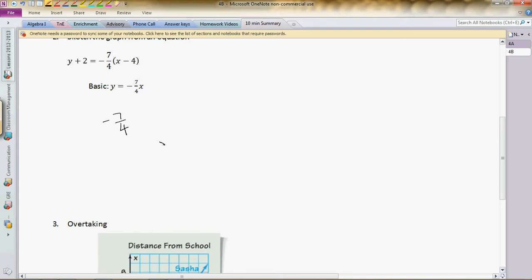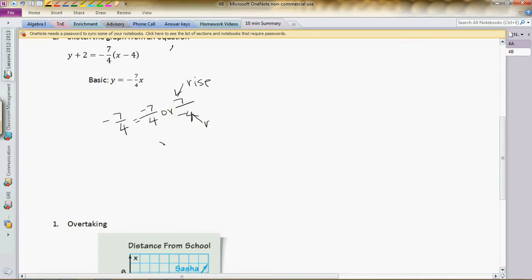That could be either -7/4 or 7/4. Okay? So as we know, the numerator is the rise and denominator is the run. Or we just simply can put some numbers in there.